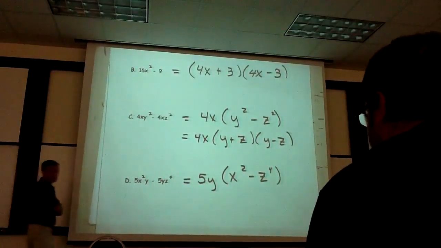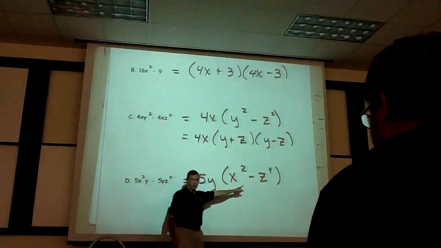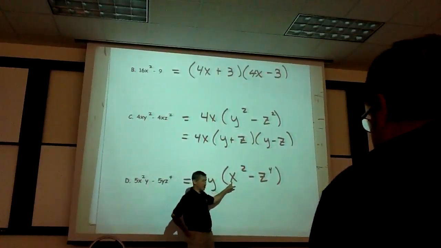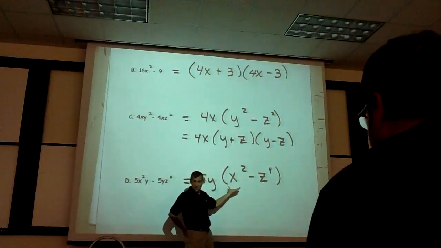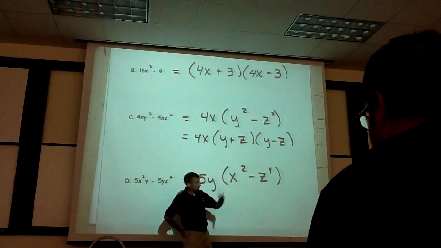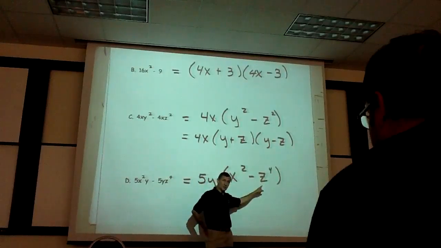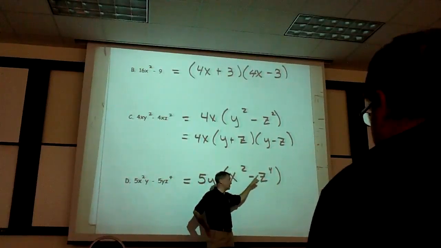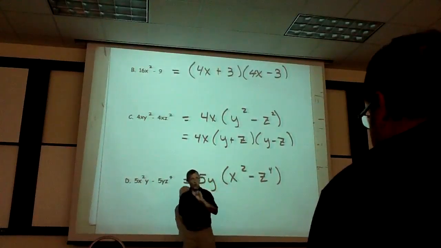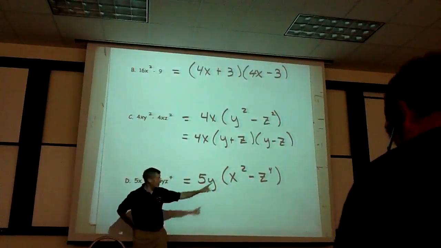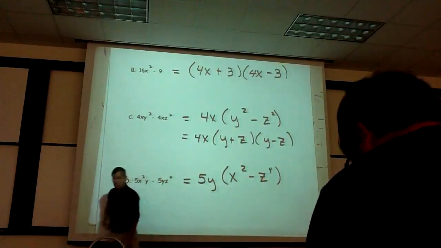Hey, this is a pretty good question right here. Is this the difference of two squares? Yes. So you're saying x squared is a perfect square, right? That's kind of obvious. What times itself gives you x squared? x. You're also saying this is a perfect square. What times itself gives you z to the 4th? z squared times z squared gives you that term right there. That's a perfect square.